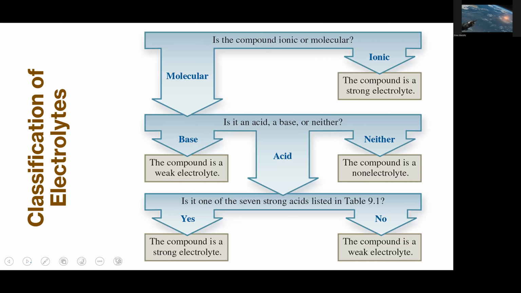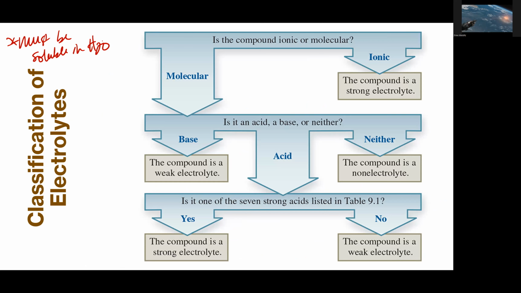Let's look at this. We have to be able to classify things based on their status as an electrolyte. Okay, keep in mind that whatever you're classifying must be soluble in water. If it's not soluble, it's not going to be an electrolyte.